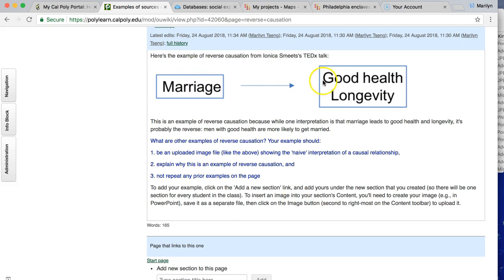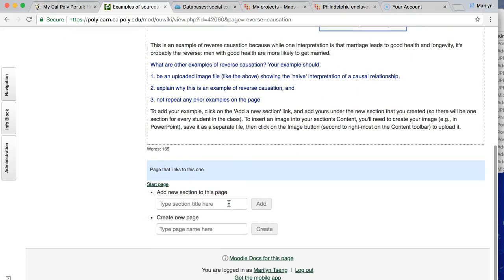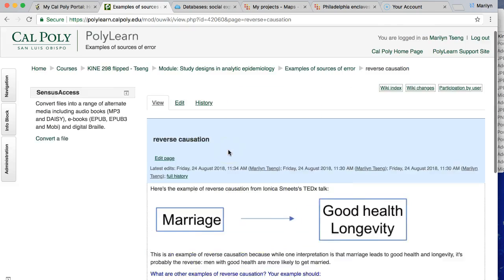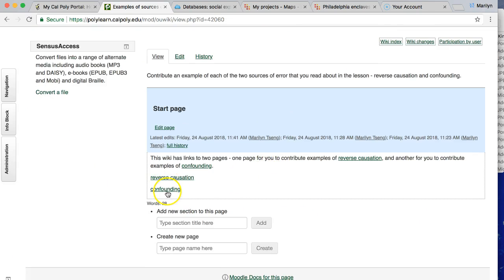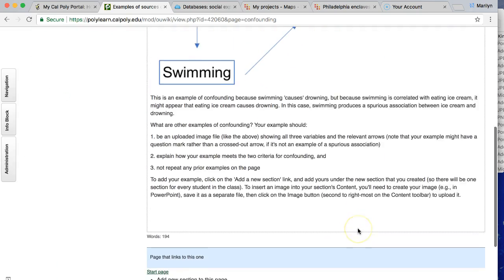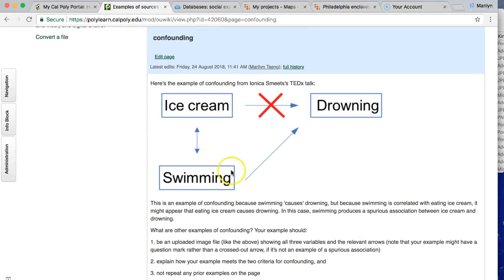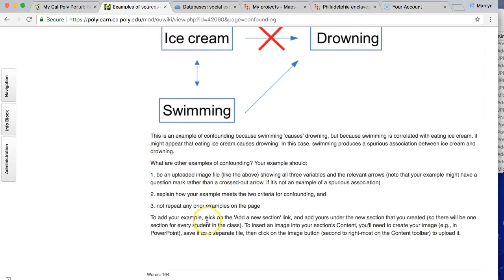I ask them to put in a figure or an image like this and then explain or justify their example. And then the same thing for the next page, confounding. Here too, I ask them to create an image, upload it onto the page, and then justify their answer.